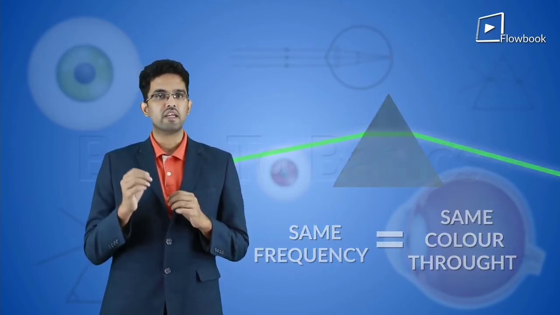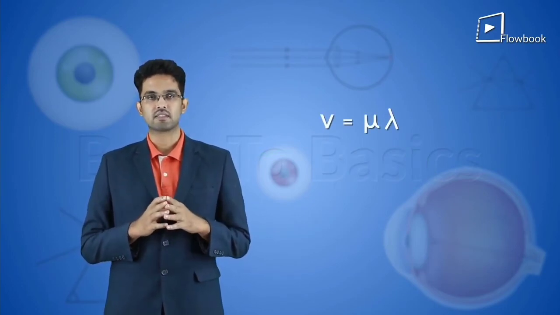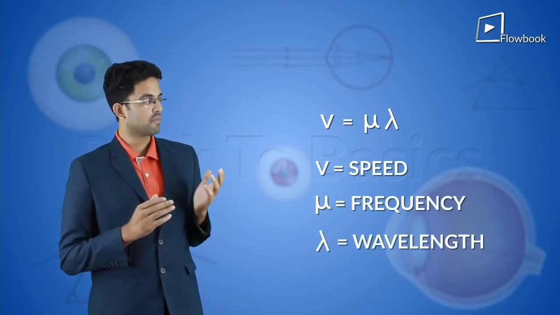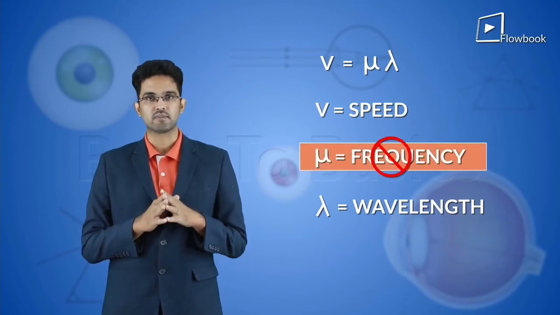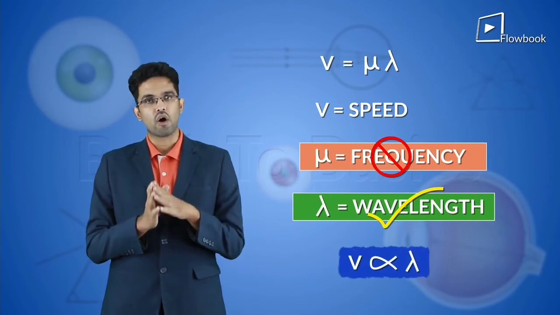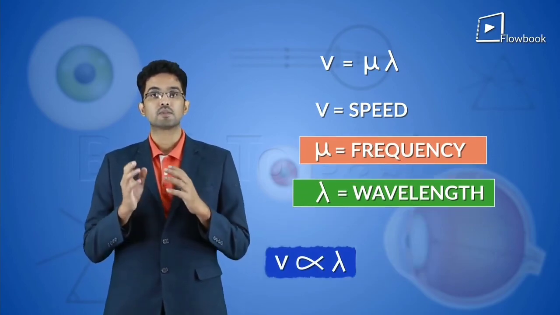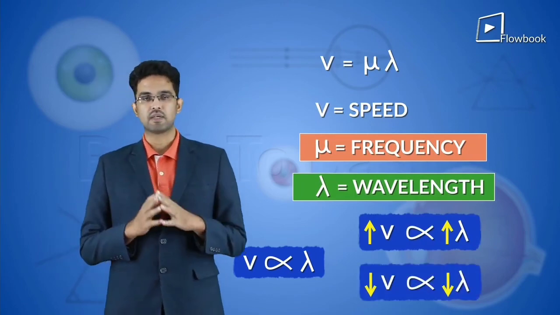In fact, v = μλ is the equation which explains all this, where v is the speed, μ is the frequency, and λ is the wavelength. Since we know that frequency does not change across mediums, but wavelength does change, the speed of the light should also proportionally change with λ. Thus, the speed of the wave increases with increasing λ and vice versa.